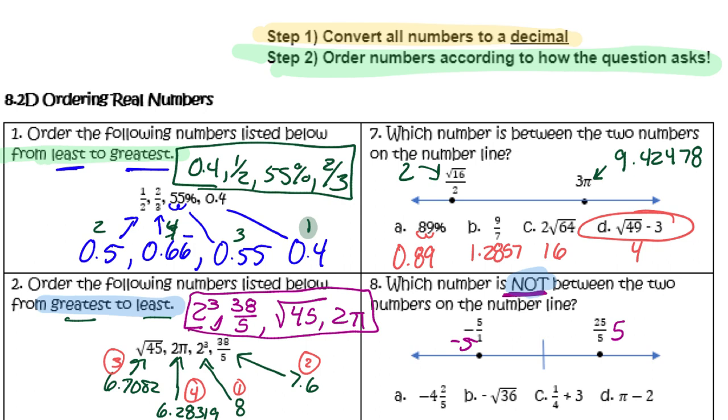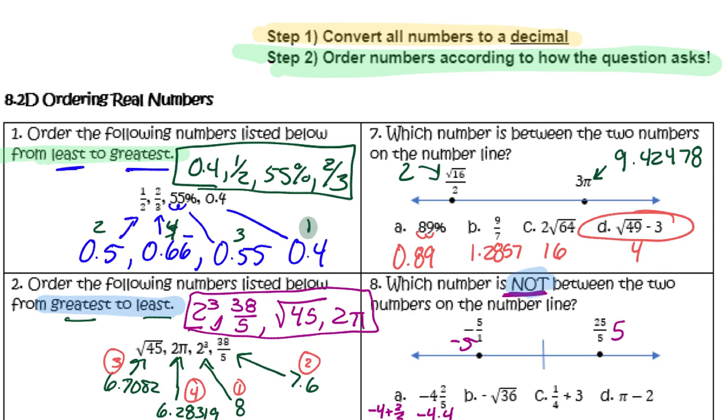So negative 4 and 2/5, you can put it in as negative 4 plus 2/5, okay, and get an answer. Or you can just put 2/5 into the calculator and put the negative 4 with it, okay? Either way, you will get negative 4.4.